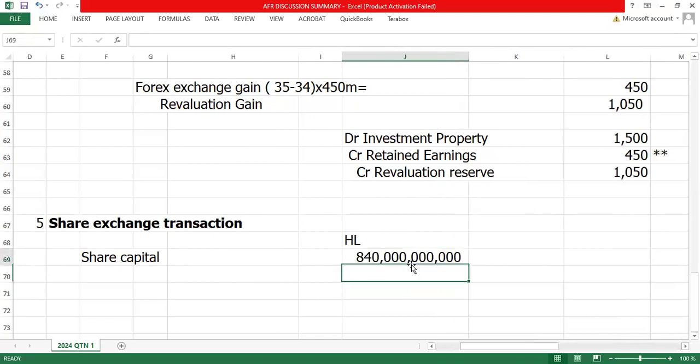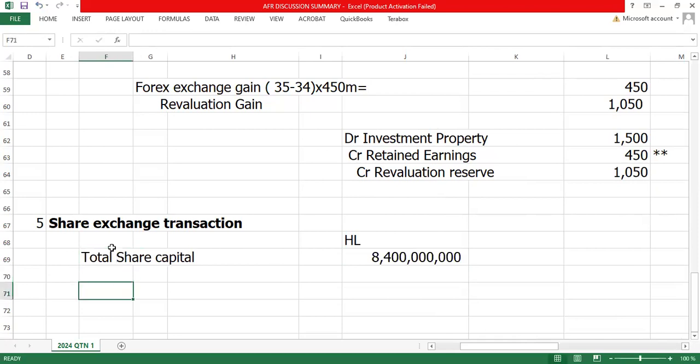No, it's 8.4 billion. Now, that is the total share capital. This is our total share capital.